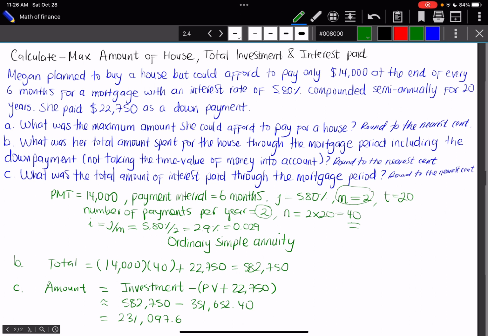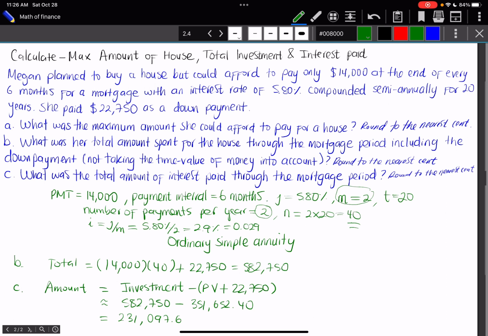Okay, so to summarize what we did, we looked at the statement of the problem. We started introducing variables like PMT for the amount of the periodic payment, the payment interval, the nominal interest rate, the compounding frequency, the term of the annuity, and the number of payments per year.